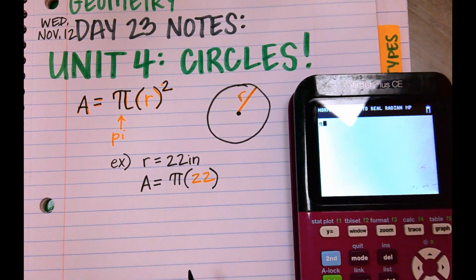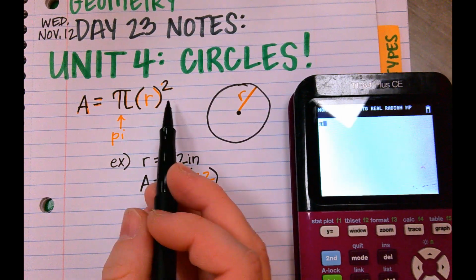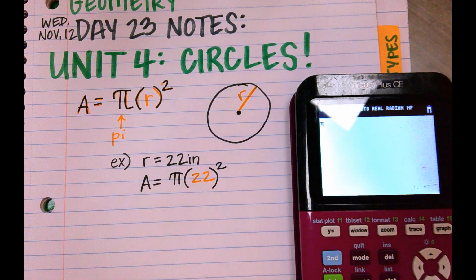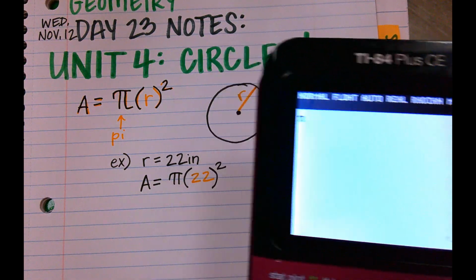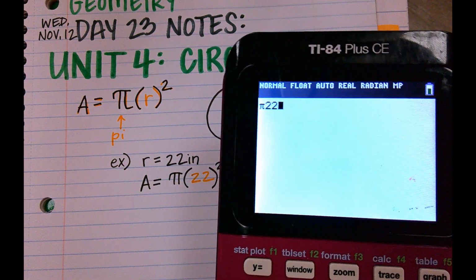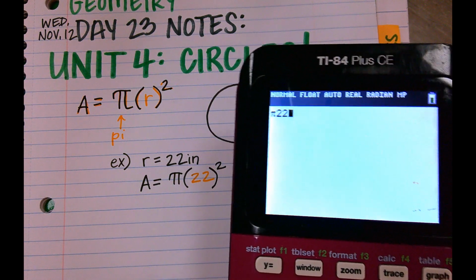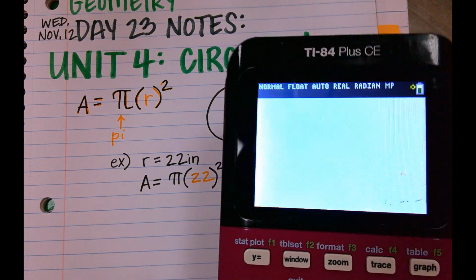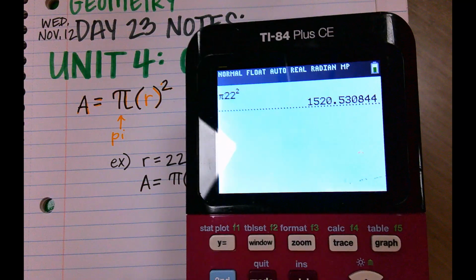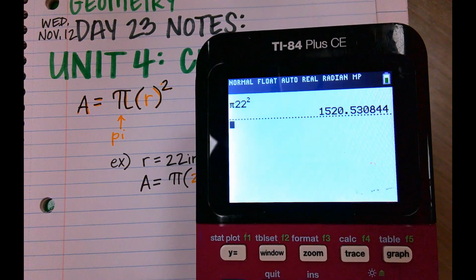And what else am I missing? Your squared. So in your calculator, you're going to type pi, and you can literally just put 22 right after that. Squared. Pi 22 squared. Enter. That's your area. Easy as that.